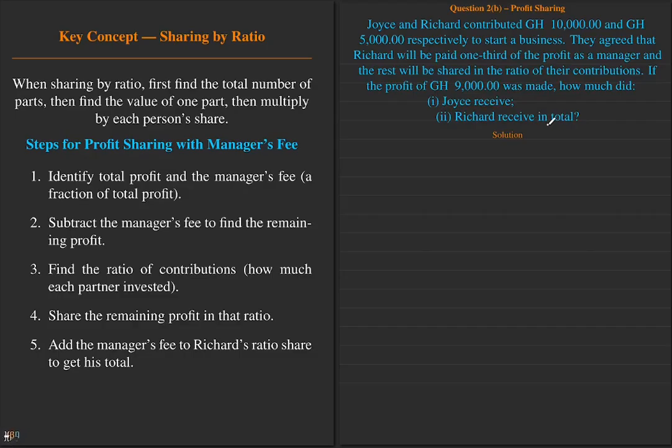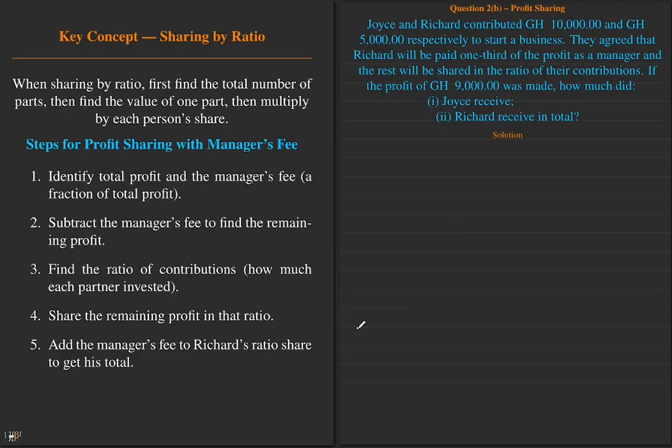This is a question on ratio and proportion. So before we look at it, let's quickly look at the key concepts we need to understand. When you are sharing in a ratio, you first find the total number of parts.